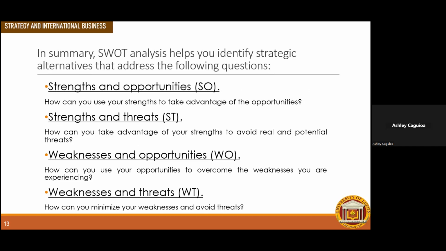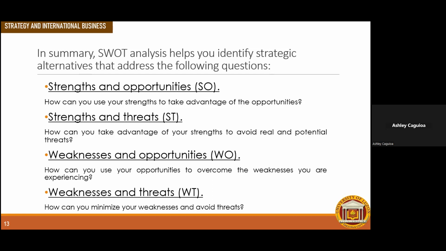We have the SO, or strengths and opportunities. The question here is, how can you use your strengths to take advantage of the opportunities? On the ST, or strengths and threats, how can you take advantage of your strengths to avoid real and potential threats?